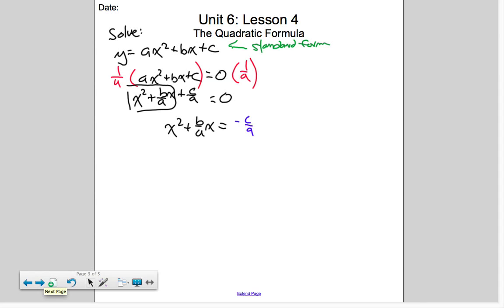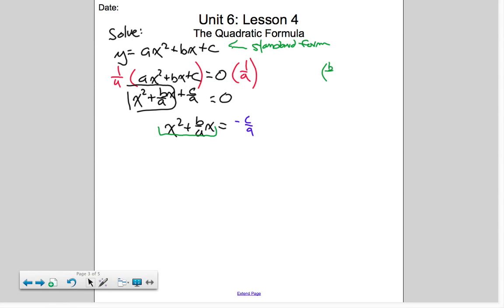Now how do I complete the square on this side? One half of b. So yeah, b over a, you need to divide that by 2 or multiply by half. So I'm going to do that on the side over here.